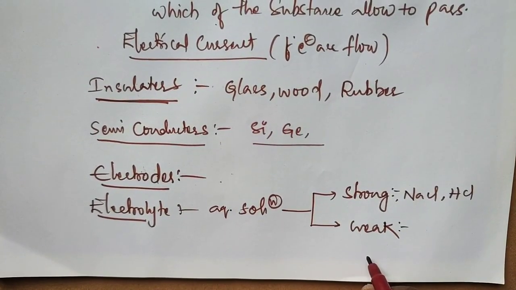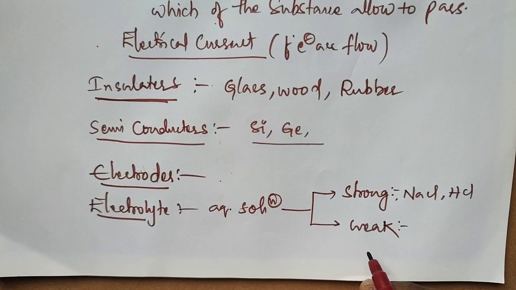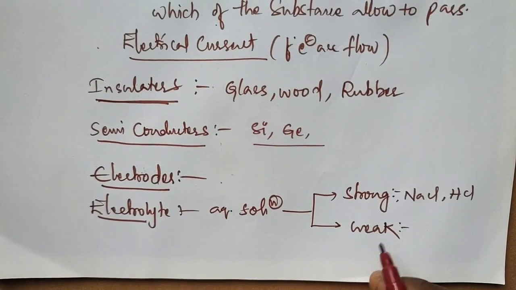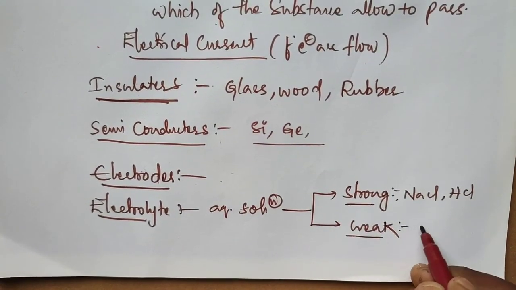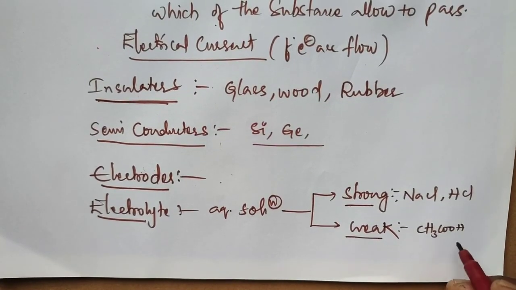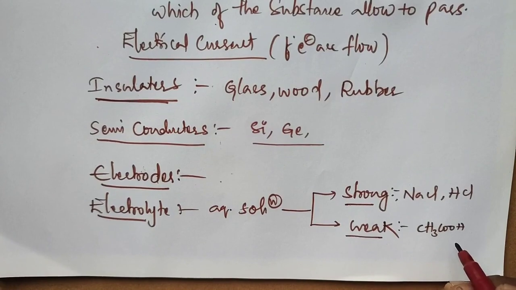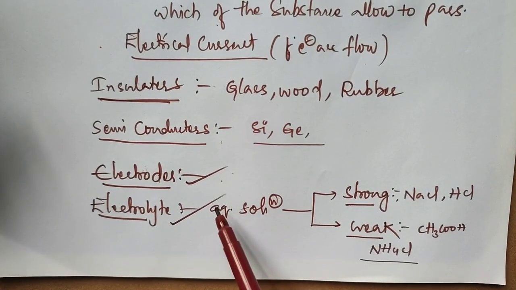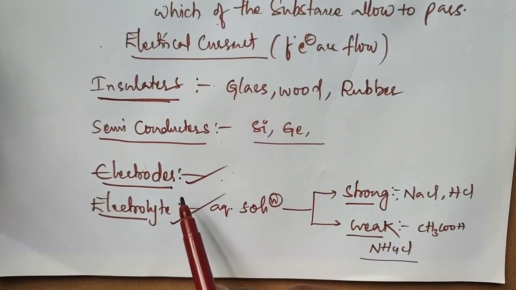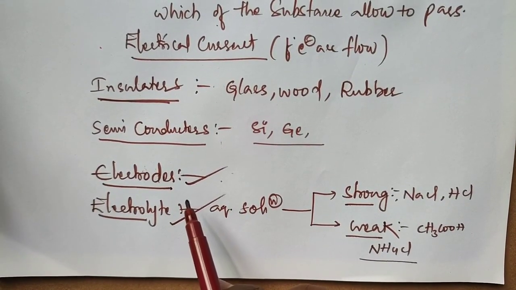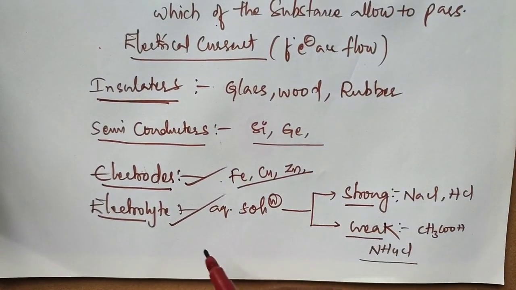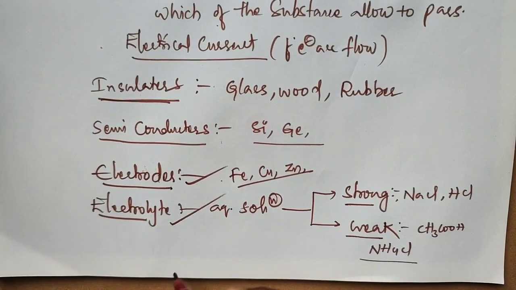Weak electrolytes also allow the current to pass, and flow of electrons takes place, but it is very slow compared with strong ones. A weak electrolyte is, for example, acetic acid, CH3COOH. Electrodes are solid materials made with metals like iron, copper, zinc, etc.